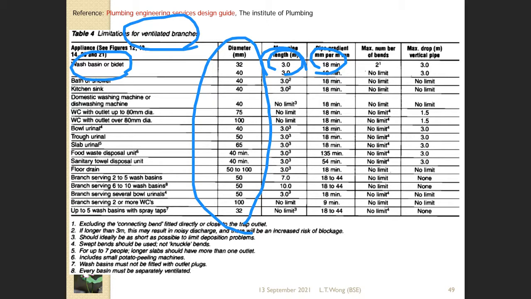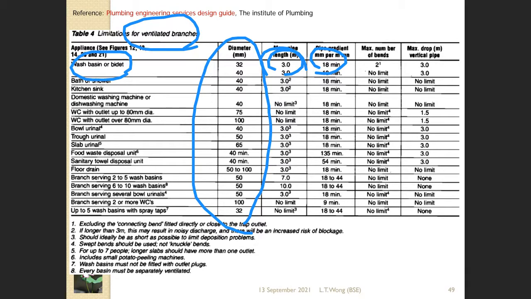You need not, because let's imagine a single facility, a single appliance. Upon discharge, the flow rate will be fixed, which is the maximum. The simultaneous flow rate we talked about in the last lecture only occurs when a number of appliances get connected together. Now, in that situation, we are going to consider the simultaneous discharge.